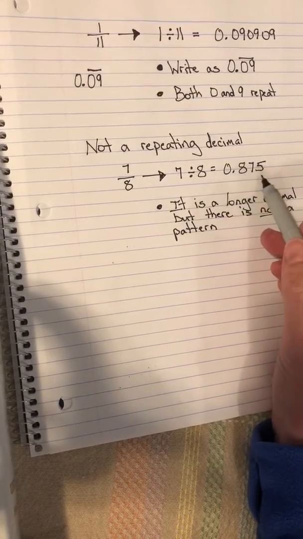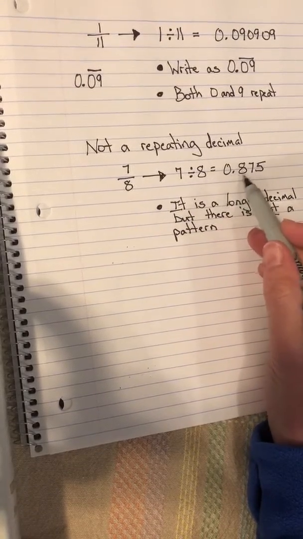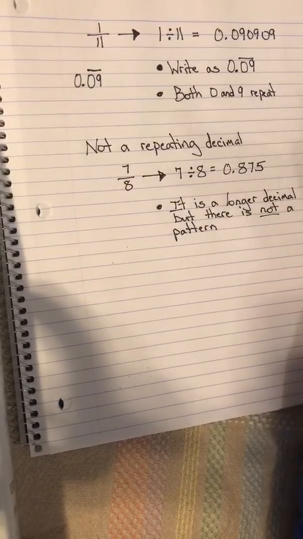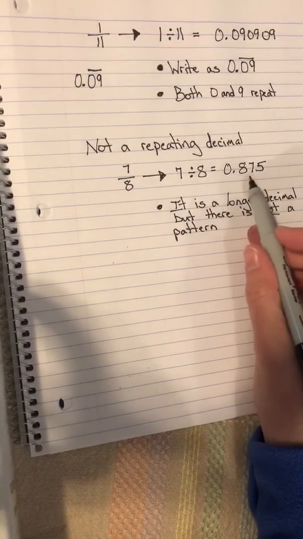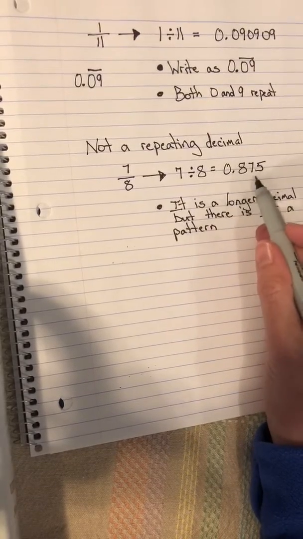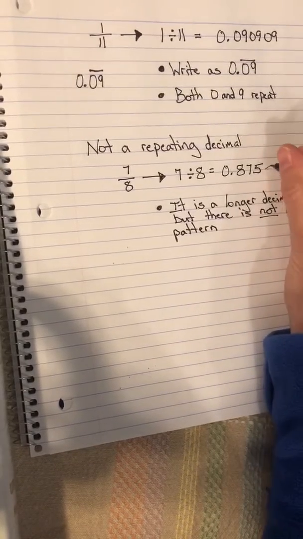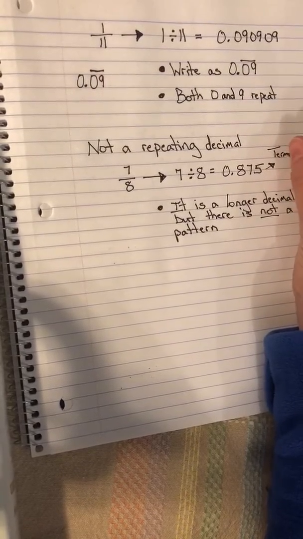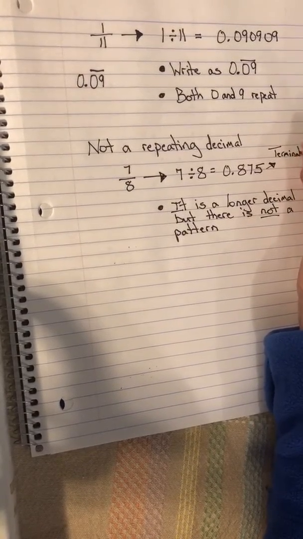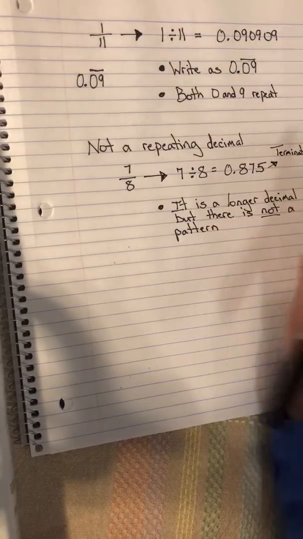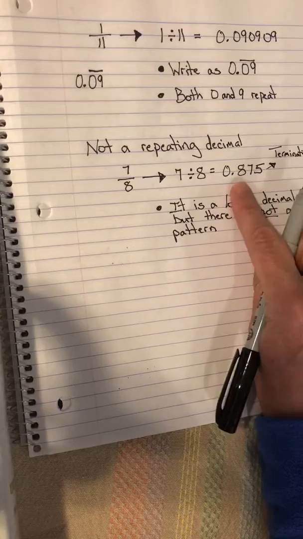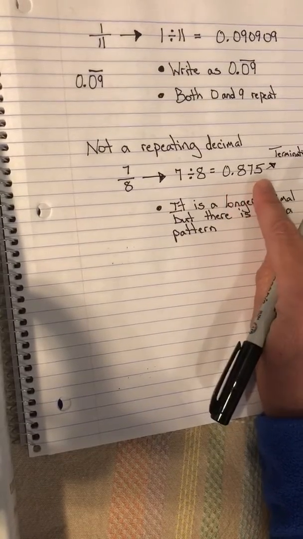If it was repeating, it would be 0.875875875, but it doesn't. So we do not use the repeating bar on this one. We're going to be learning that this is called a terminating decimal because it stops. It just looks unusual because you have 3 digits to the right of the decimal point.